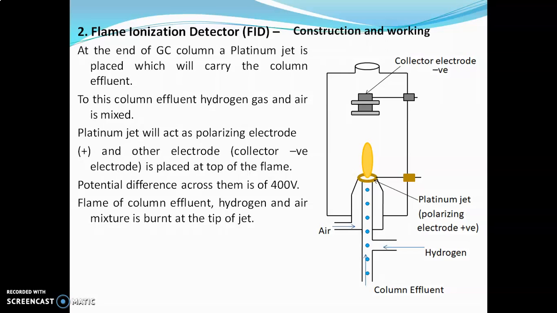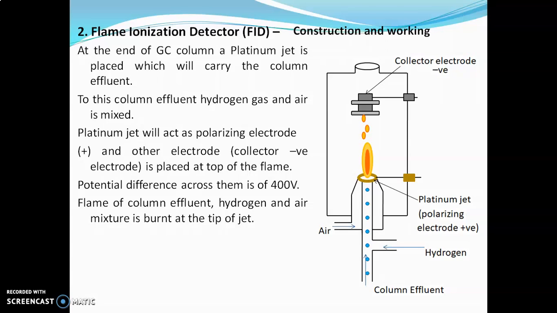But when, along with carrier gas, some solute molecules are burning in the flame, it will create a large number of carbon ions in the flame, and these carbon ions will get attracted towards the collector electrode, and it will increase the amount of current flowing through these two electrodes.